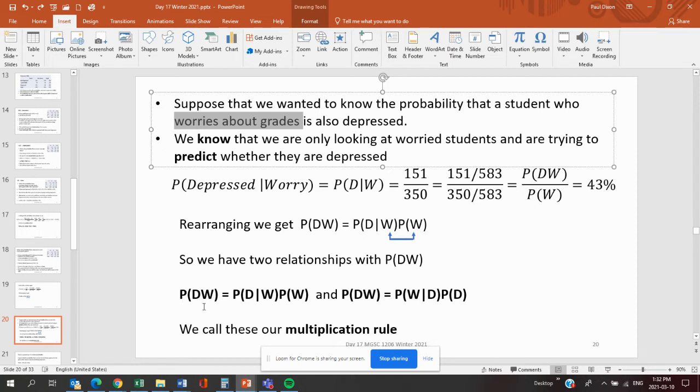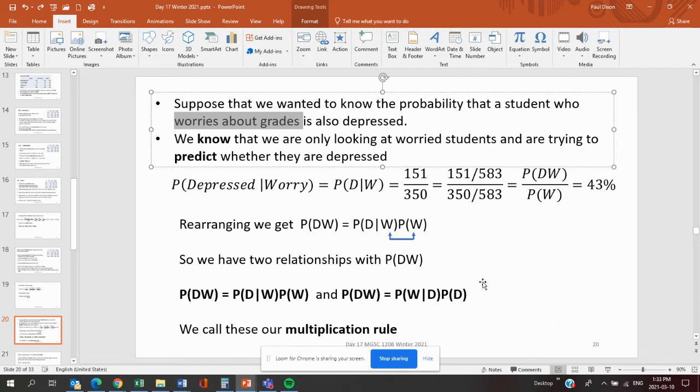But if you look at the formula I've just created, I end up seeing the same expression written two ways. The chance of being depressed and worried, or worried and depressed, whichever way you want to say it, is the probability of depressed given worried times the probability of worried, or it's the probability of worried given depressed times the probability of depressed. You can do it either way. And both of these we call our multiplication rule.